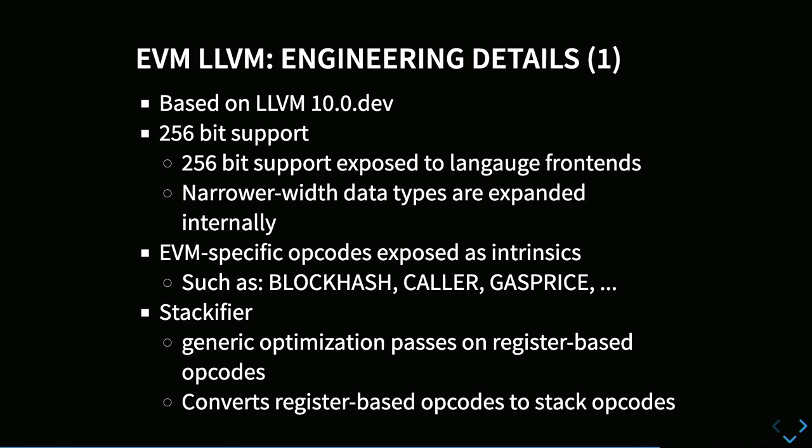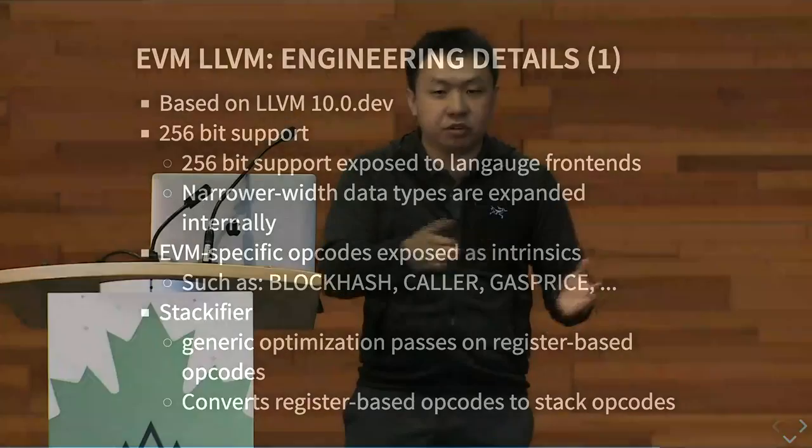If the language supports extension of the integer, it is extended to 256-bit, and you do the addition on two 256-bit integers. Automatically, if those data types are narrower than 256-bit, we expand them to 256-bit and execute on the EVM, because the EVM only supports 256-bit.